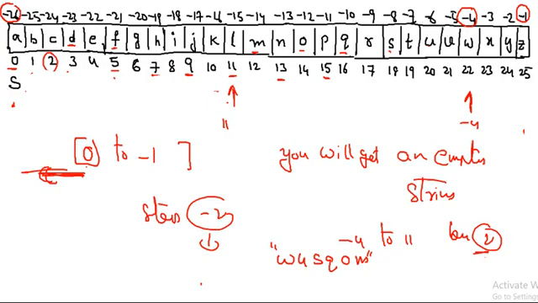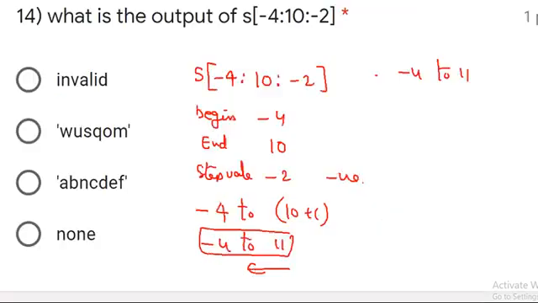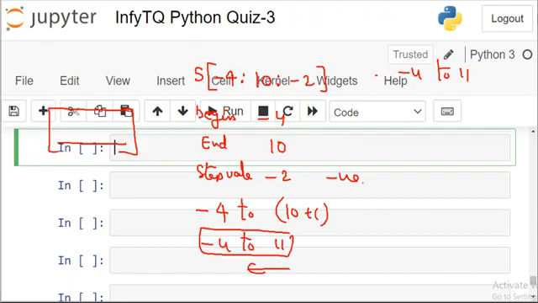When you execute this slice operation, this will be the output. Shall I execute this? I will execute this slice operation. Just see.